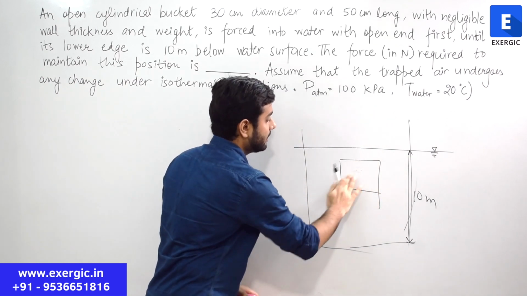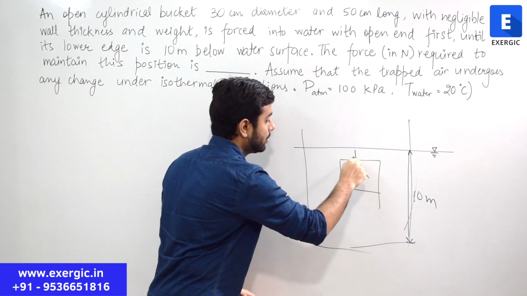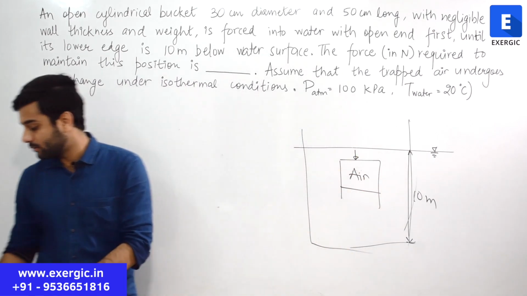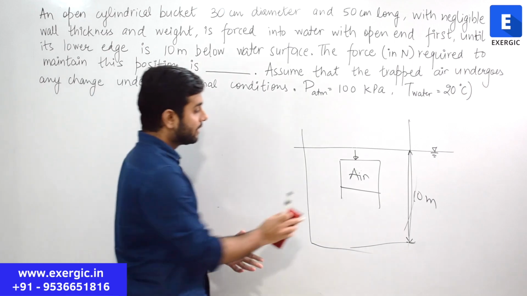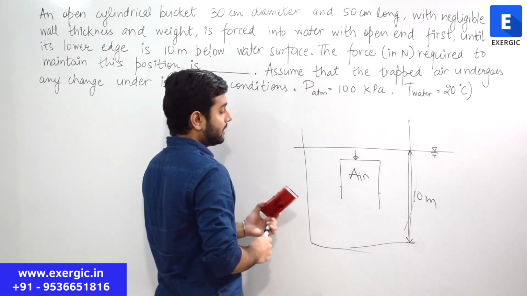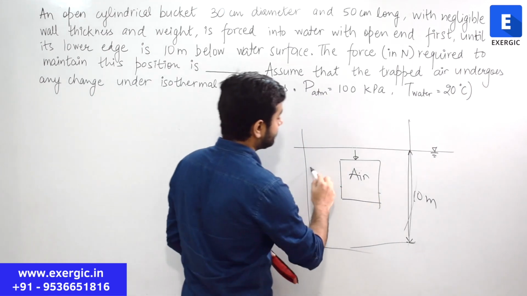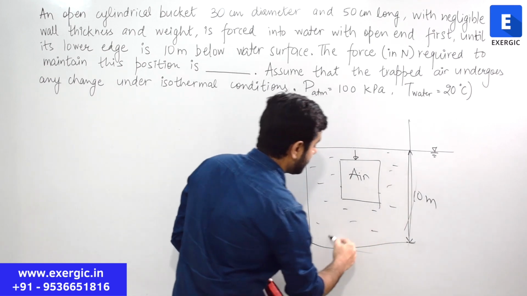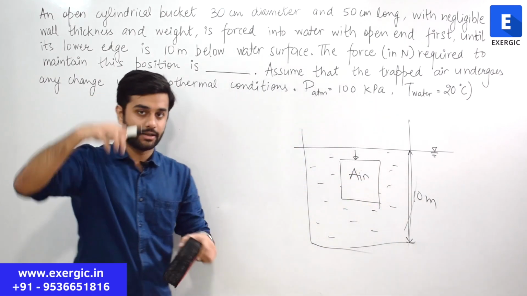This air will keep moving down as you push this down. As a result of that, what is going to happen? Let me tell you. Look, initially air will almost be completely filled into the bucket.